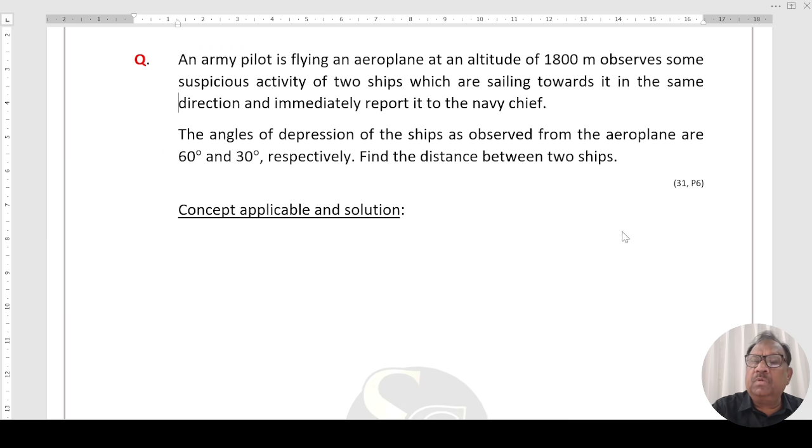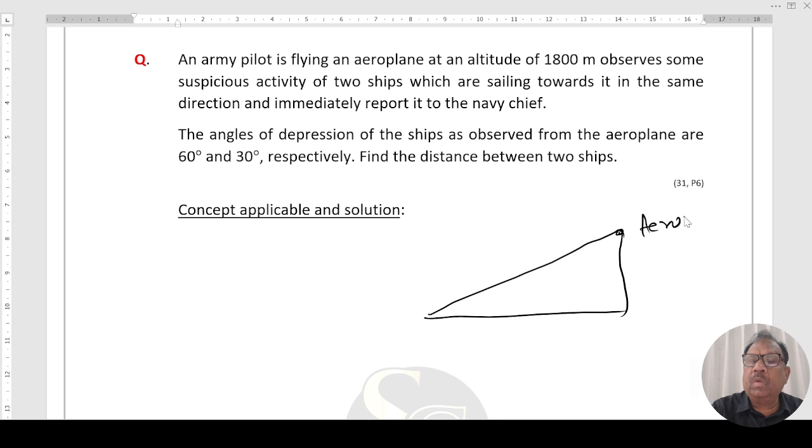So this is the aeroplane at a particular position. Height is 1800 meters. So this is P. Which are sailing towards it in the same direction. So this is S1, this is S2.